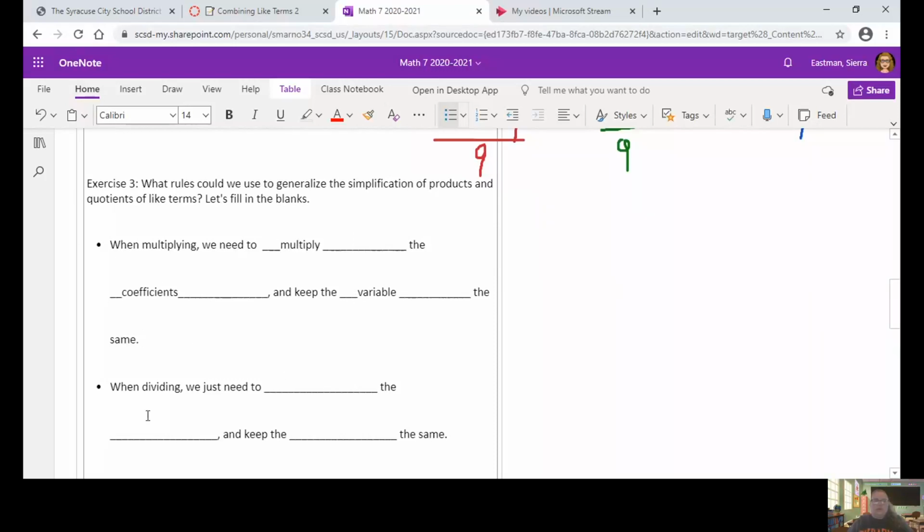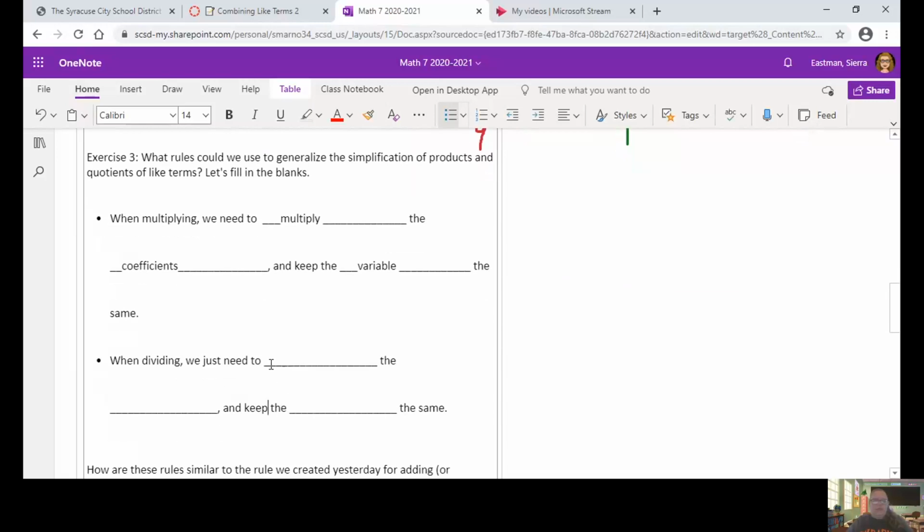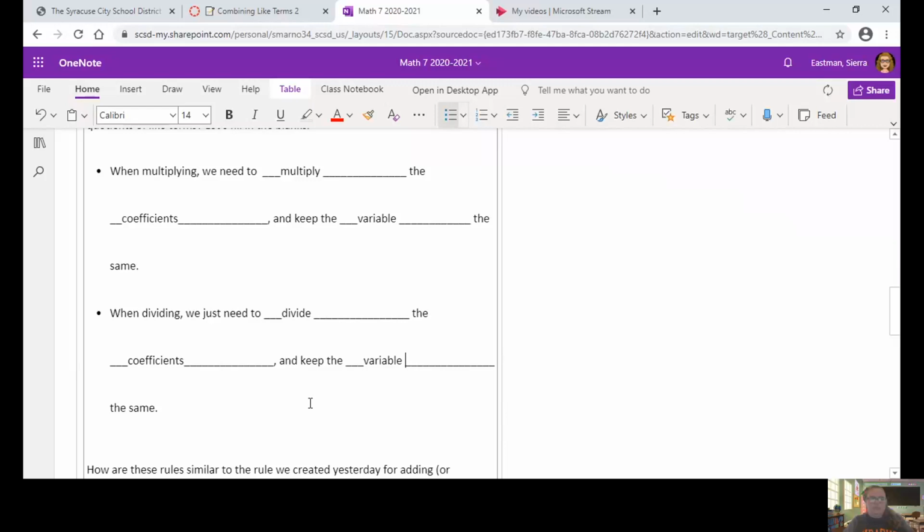And then same thing with our second rule here when dividing, we just need to divide the coefficients. And we keep the variable the same one last time. Okay, I'll give you guys a second to fill those in.